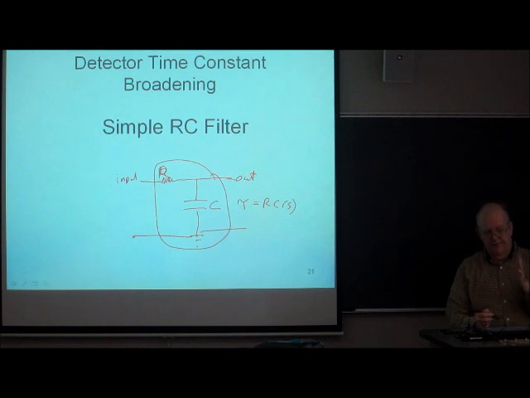Now, electronically speaking, if you go into an input of an RC filter with an impulse that is a very, very narrow pulse, pulse goes up, goes flat, comes down. An impulse is a pulse function which has essentially zero width.